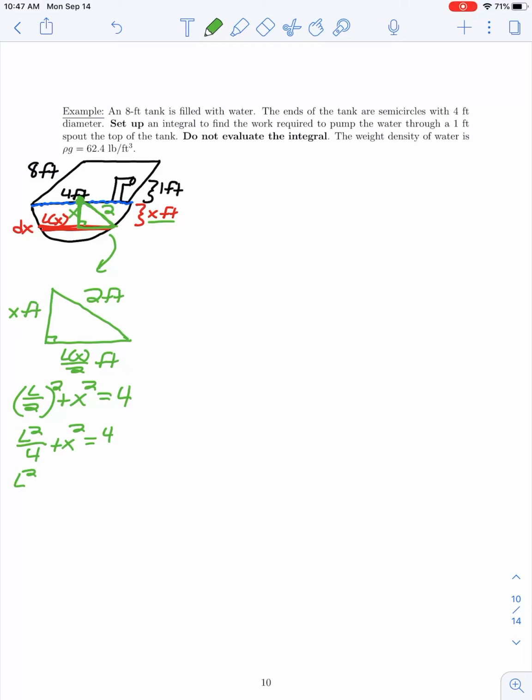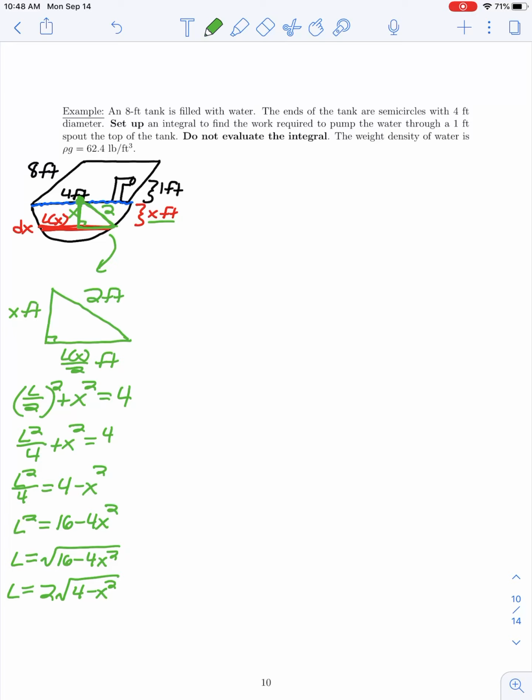So L squared over 4 is equal to 4 minus x squared. So L squared is then 16 minus 4x squared. And so solving for L, we would have the square root of 16 minus 4x squared, or if we factor out a 4, the square root of 4 would be 2, so L is 2 times the square root of 4 minus x squared.